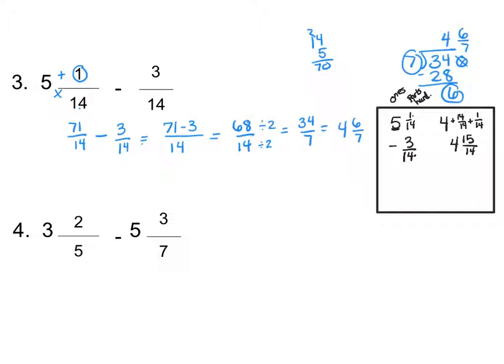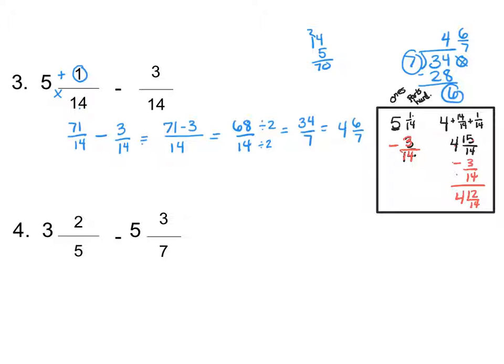So now I need to subtract this 3/14 from the 4 15/14. So minus 3/14. So 15 minus 3 is 12/14. And 4 minus, there's no wholes there, so it's just going to be 4 12/14.